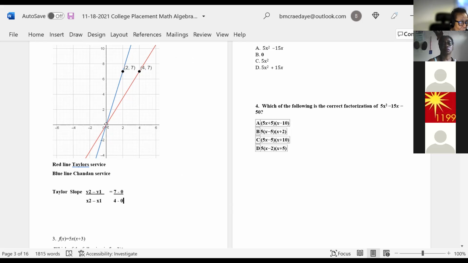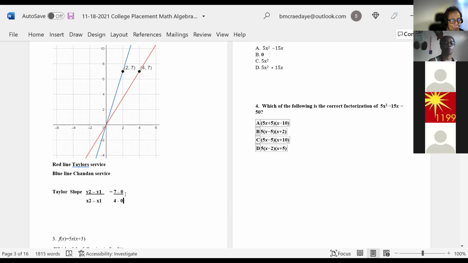X is 0, Y is 0. 4 represents X and 7 represents Y. But they're 2 different services, so they're 2 different slopes. And we want to calculate the 2 different slopes, because the slope is going to give you the cost for the taxi ride per mile.